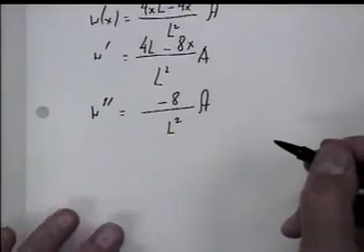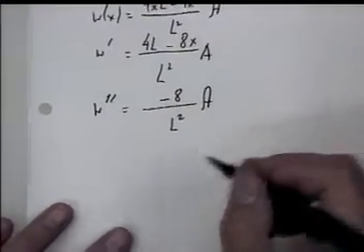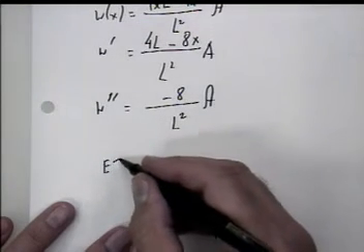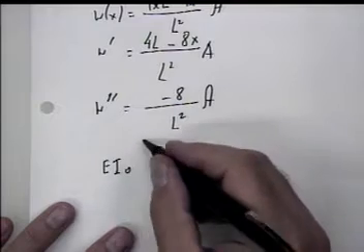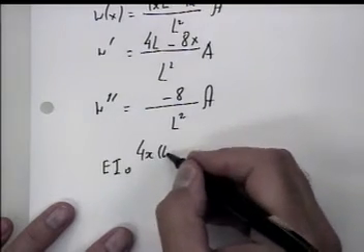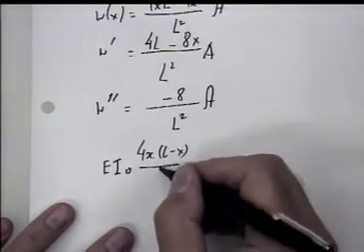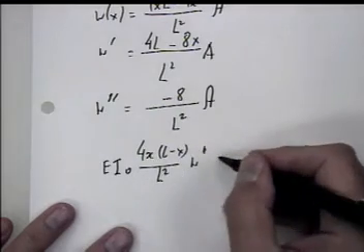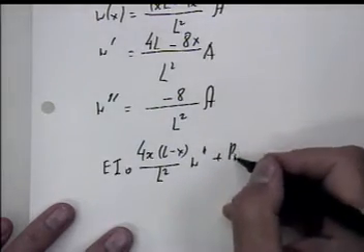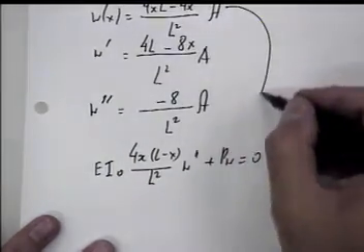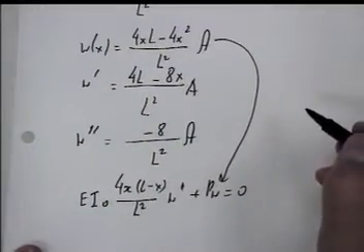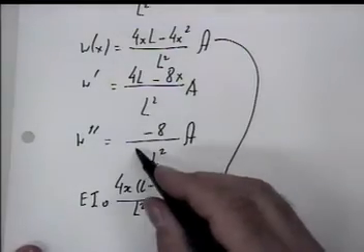Now let us substitute in the differential equation. That is EI0 times 4x L minus x L squared, W second derivative, plus PW equals 0. We substitute this w here and the second derivative here, yes?